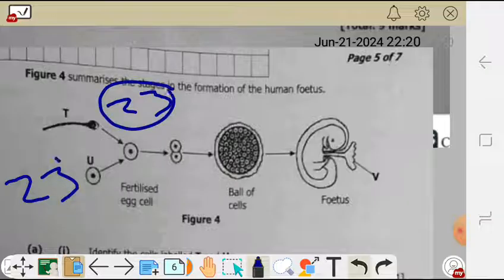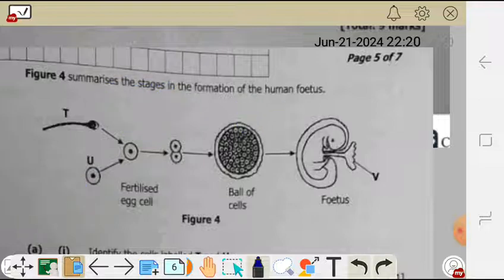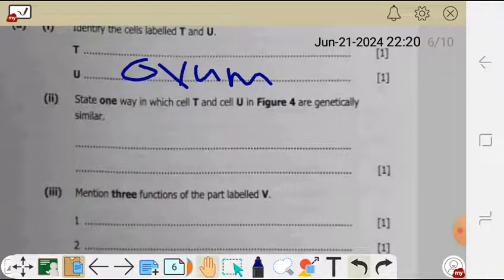So if you add 23 and 23, that's when we are going to have a full human being, the number of chromosomes in a human being, which equals 46. So the most common feature observed in cell T and U is the number of chromosomes, which is 23.